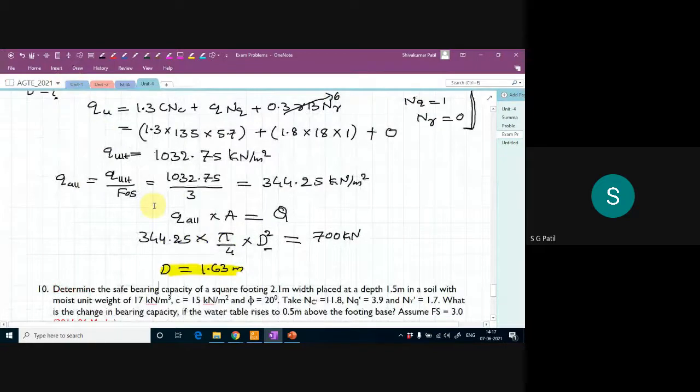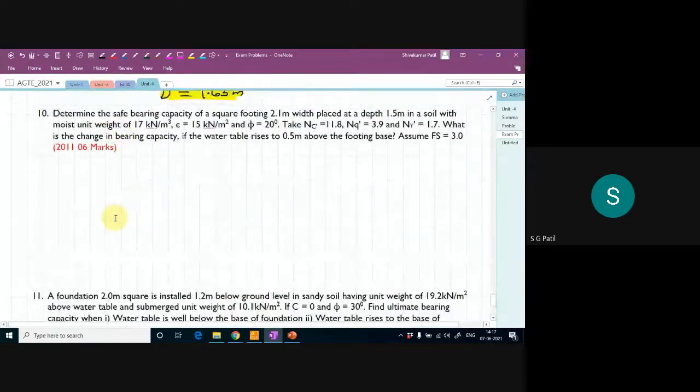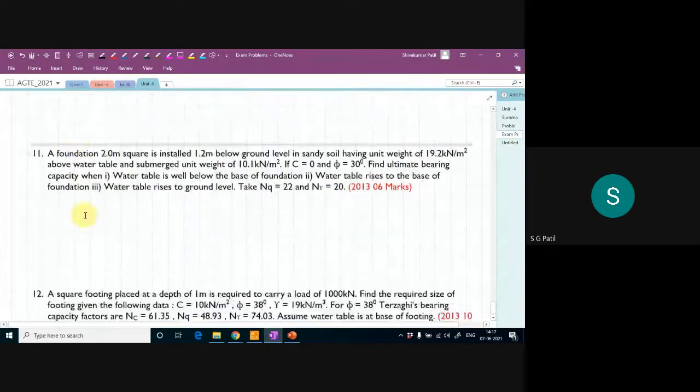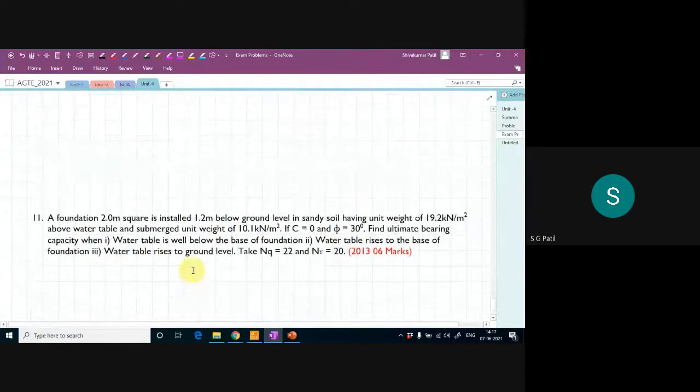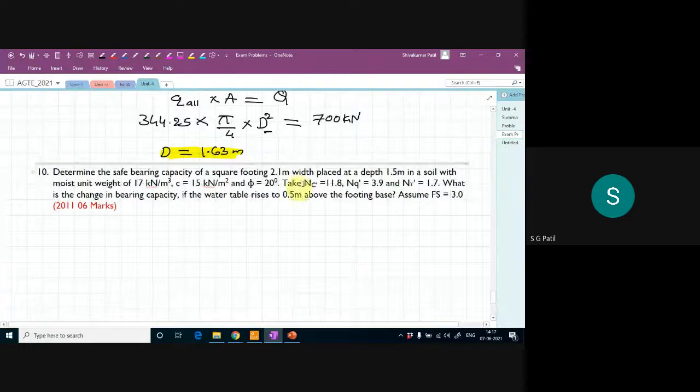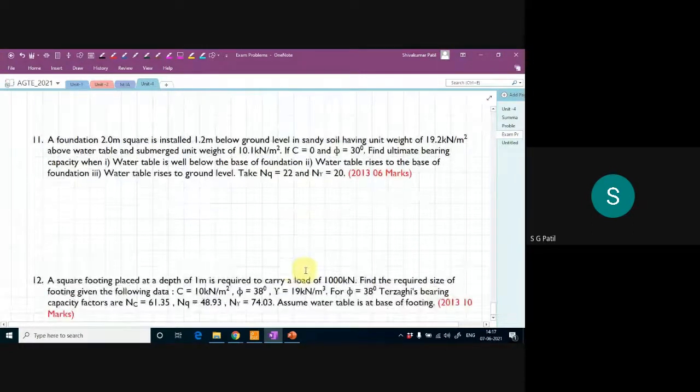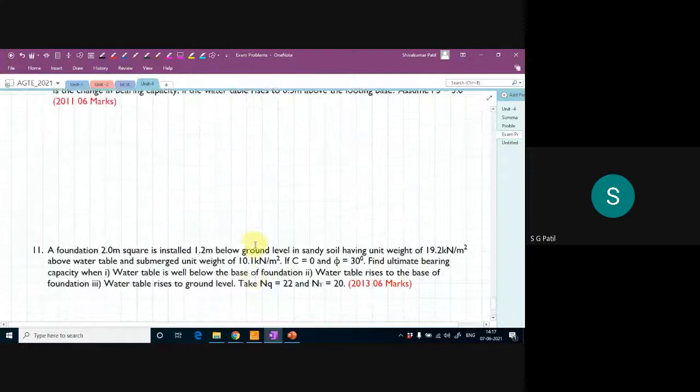Okay, so if you have understood all these concepts taught in these 9 problems, then there should not be any problem to solve this 10, 11, and 12. Just exactly same like your previous problems. Just some numerics are changing here. There is no special or a new concept involved in these problems. So you take them as a homework, you solve on your own.